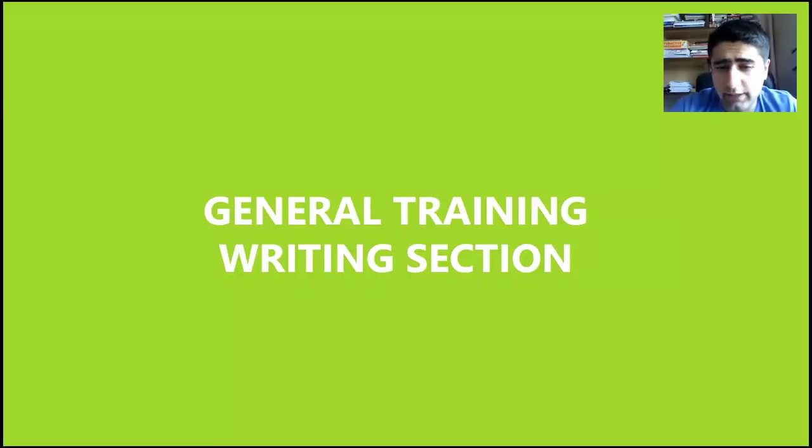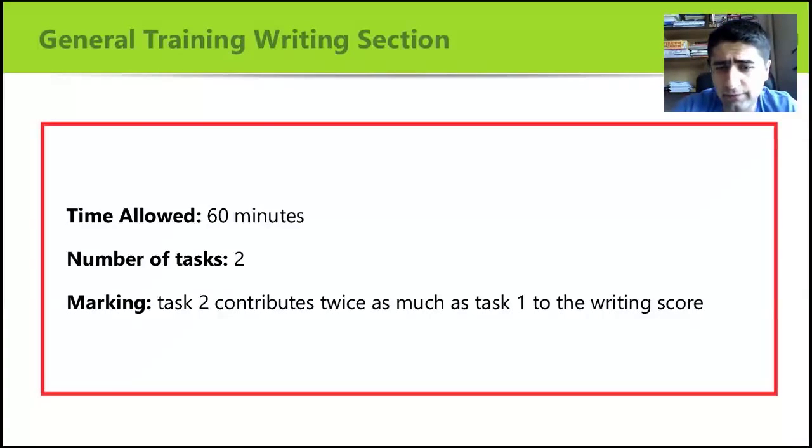General training writing section. What do we have here? The writing component of IELTS General Training, again, includes two tasks, which are based on topics of general interest. For task number 1, you will be presented with a situation and asked to write a letter requesting information or explaining the situation.